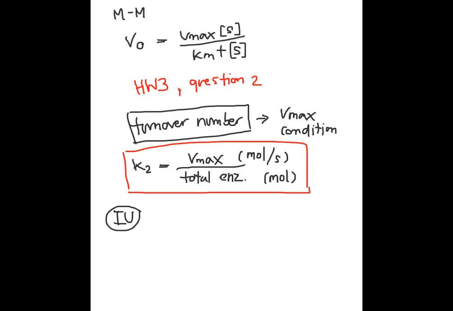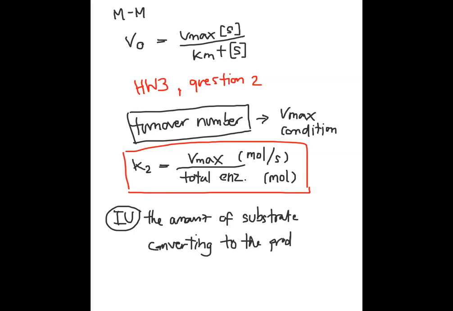So basically, IU tells you the amount of substrate that is converted into the product in the unit of micromole per minute.